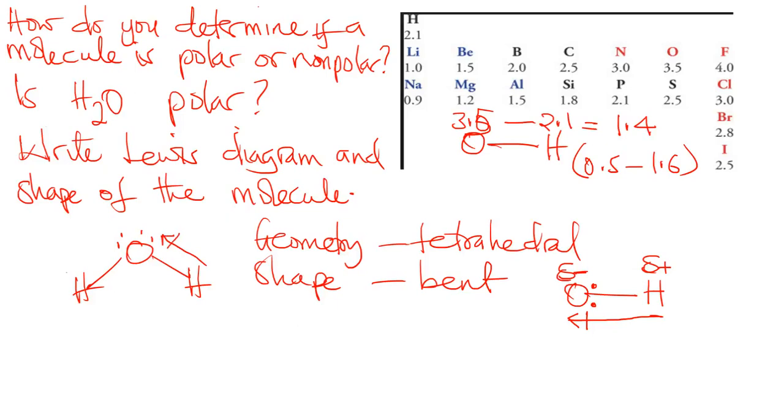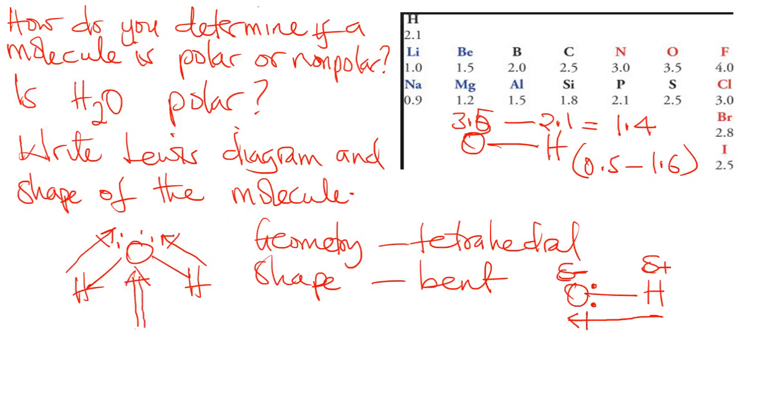Also here, indicate the electrons going towards oxygen. If I add these two arrows, they indicate that the total motion of the electrons will be towards oxygen.